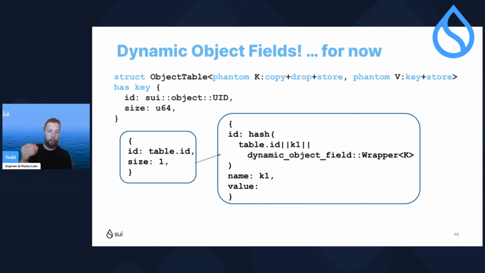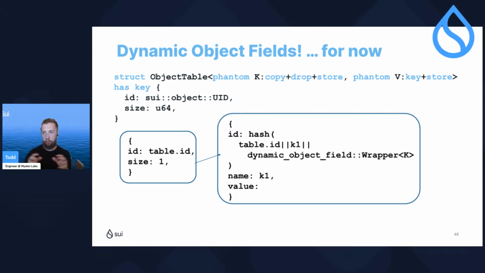And here we are going to add a coin or some object to the object table. And just like before, we're going to hash the table ID, the parent ID, and the entry into the table. And we're going to wrap the keys here.